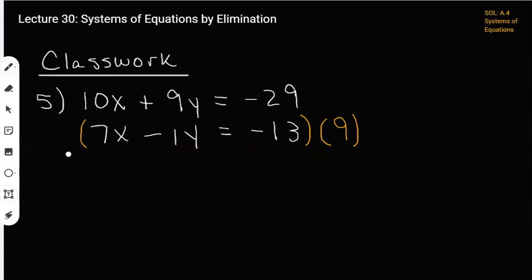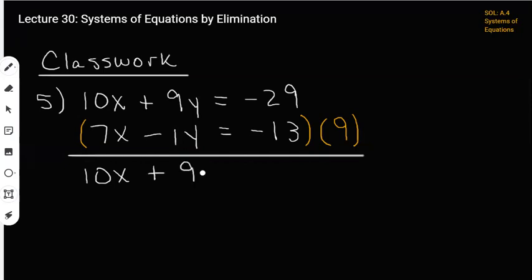So let's see what happens when we do that. I'm going to draw my line underneath. My top equation is going to stay the same, so I still have 10x plus 9y equals negative 29. But the bottom row is going to change.